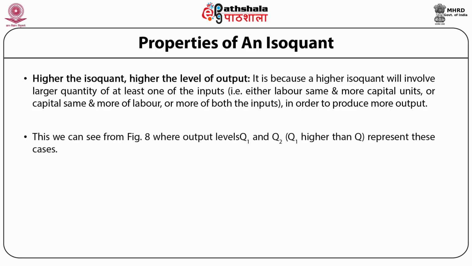This we can see from figure 8, where output levels Q1 and Q2, higher than Q, represent these cases. On the isoquant Q, the point E shows the labor-capital combination as OL and OK. Using OL and OK labor and capital produces Q level of output.